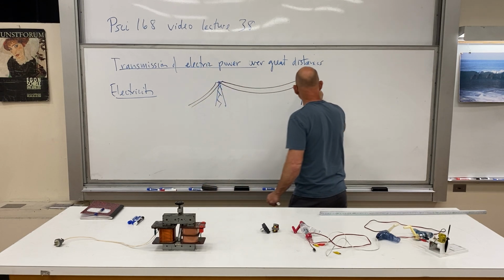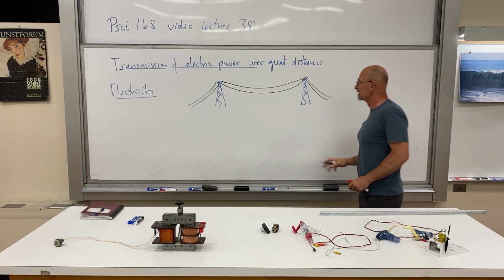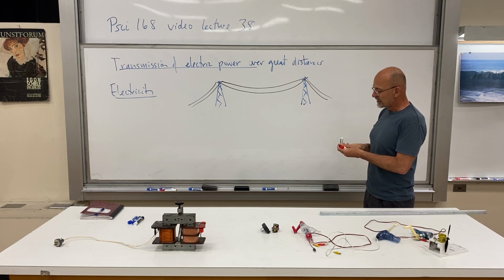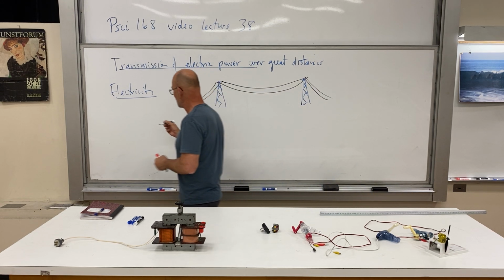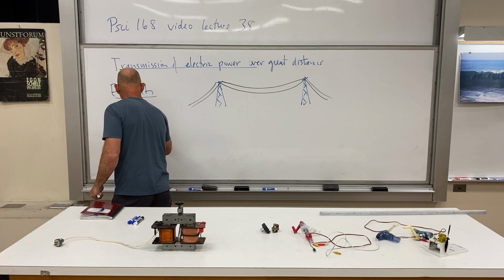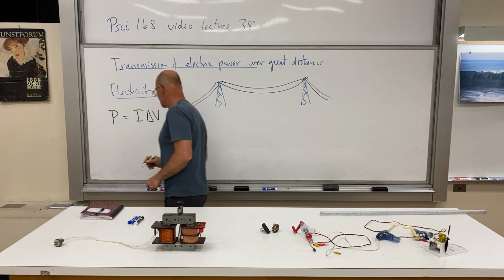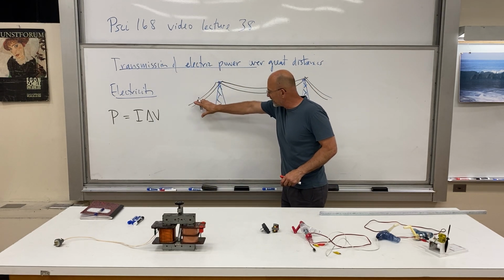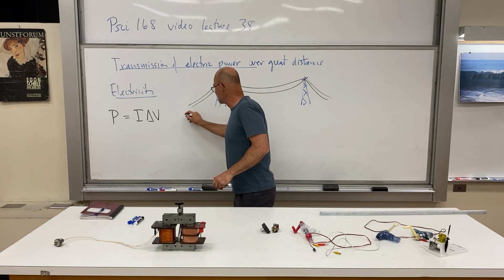They're going to come down here, these are going to go down there. So here's our great distance. Now the power equals I delta V. Okay. And you can say that's the power transmitted from point A to point B here.